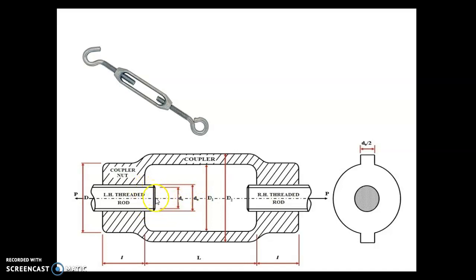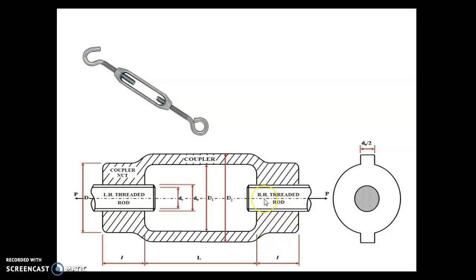DC is the core diameter of this rod. Capital D1 is the inner diameter of the coupler, and capital D2 is the outer diameter of the coupler. Capital L is the length between this point and this point. Small l is the length of the coupler nut.